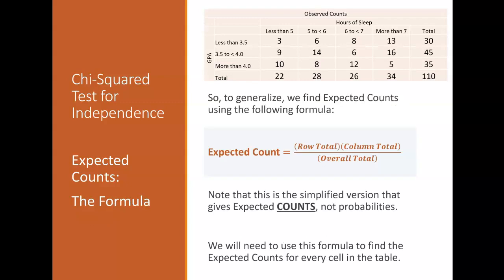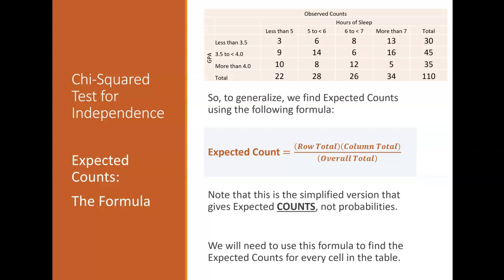And that's going to be our formula. So again, these expected counts are not probabilities anymore after we multiplied by that extra 110. These are expected outcomes. So we'll do that same formula for every cell in our table.